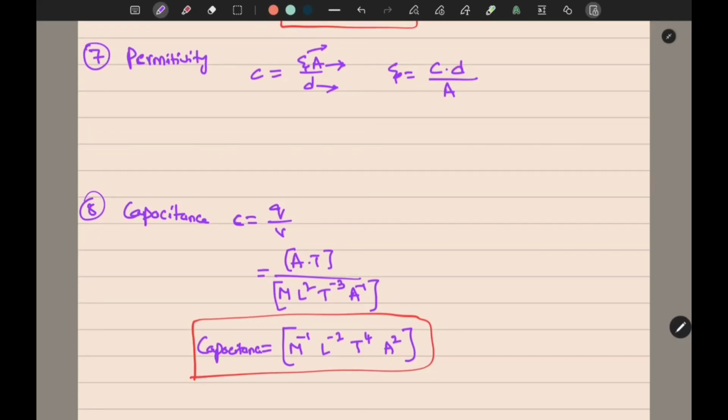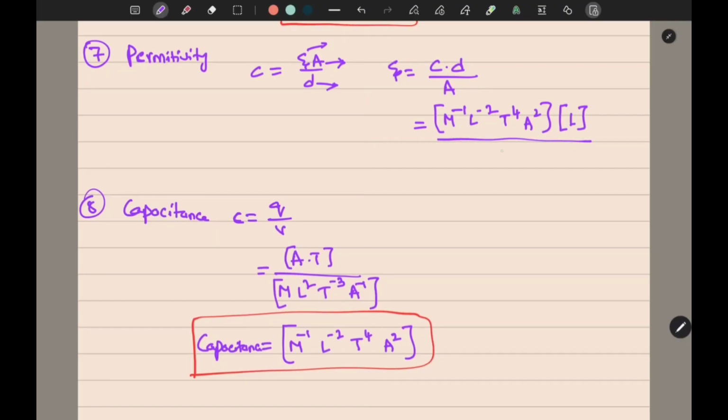So the permittivity dimensional formula is the capacitance dimensional formula into the distance dimensional formula, which is L, and the area dimensional formula is L square.